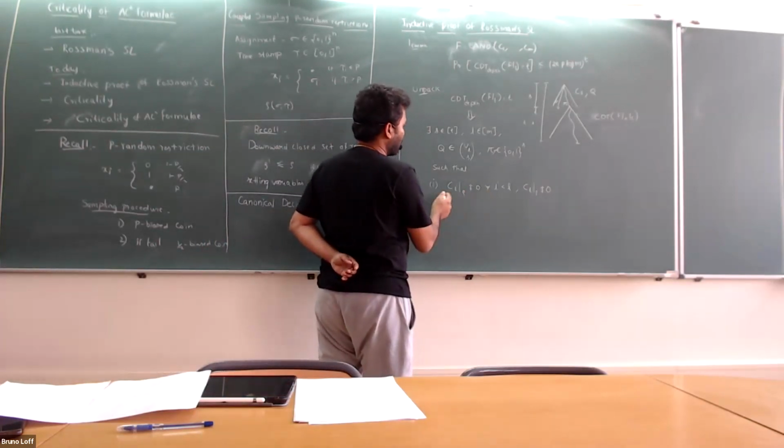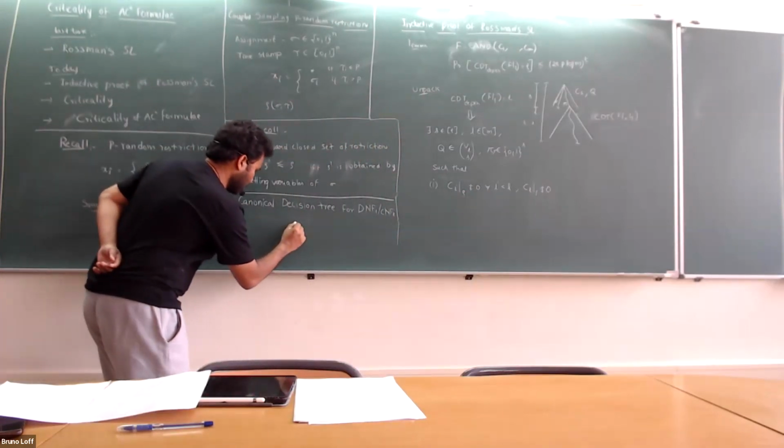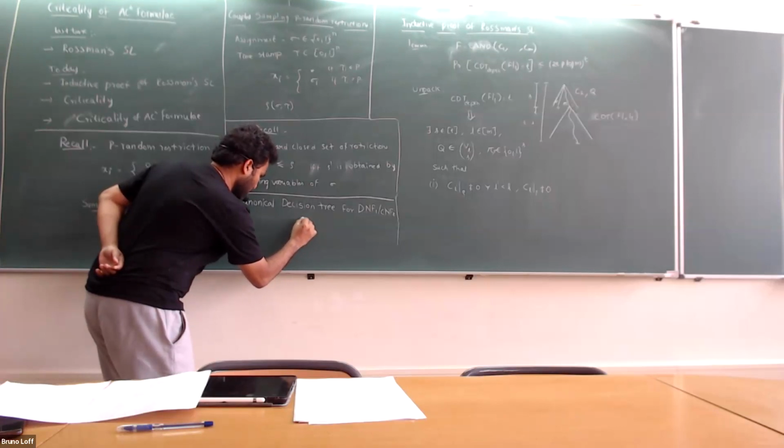So yeah, the way we define our canonical decision tree. But it's not zero, it's actually one.